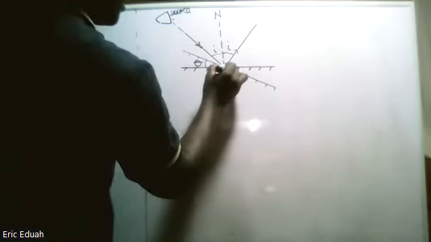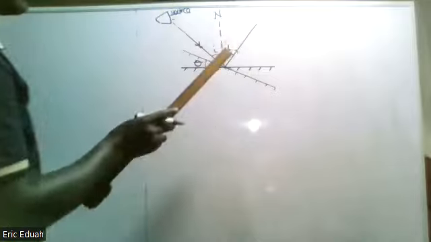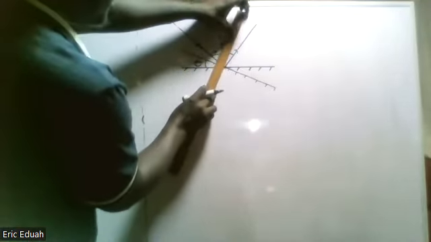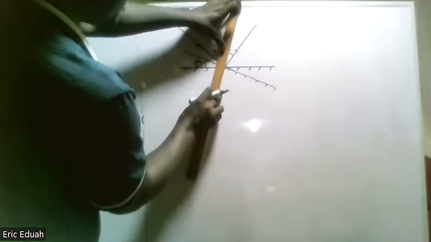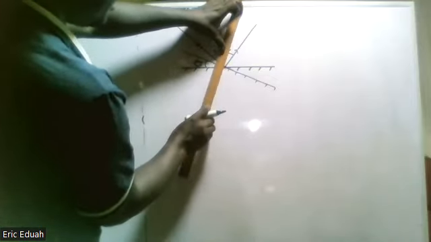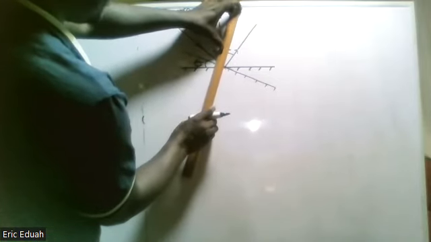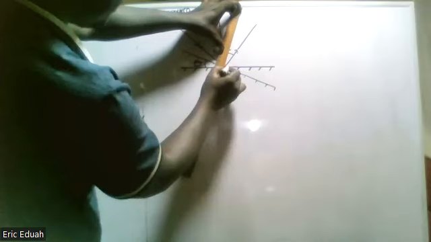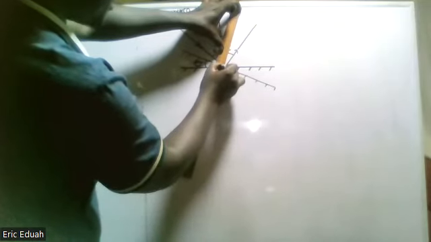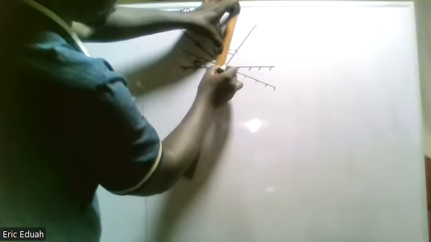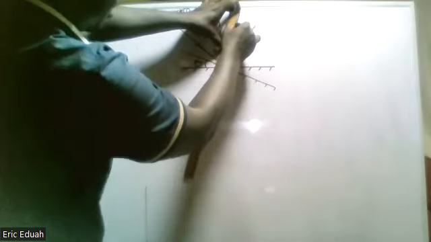Now, once the mirror is rotated, the normal position will change. Because the normal is always perpendicular to the mirror.